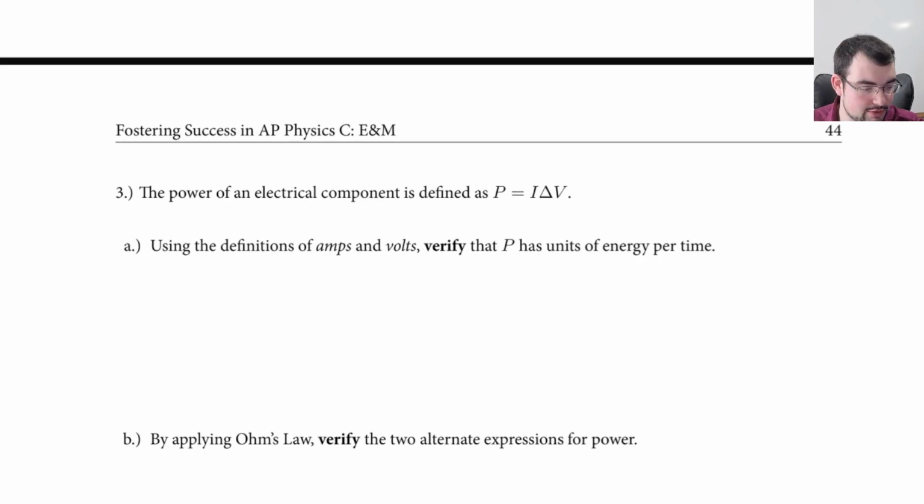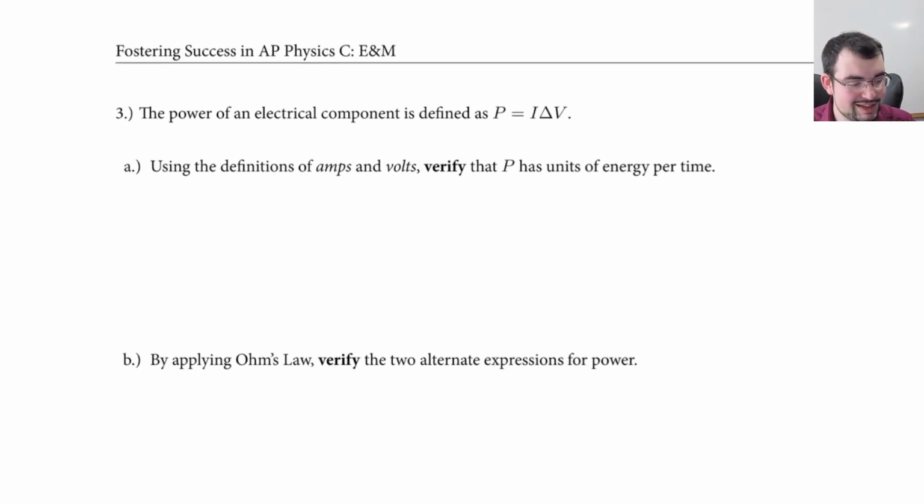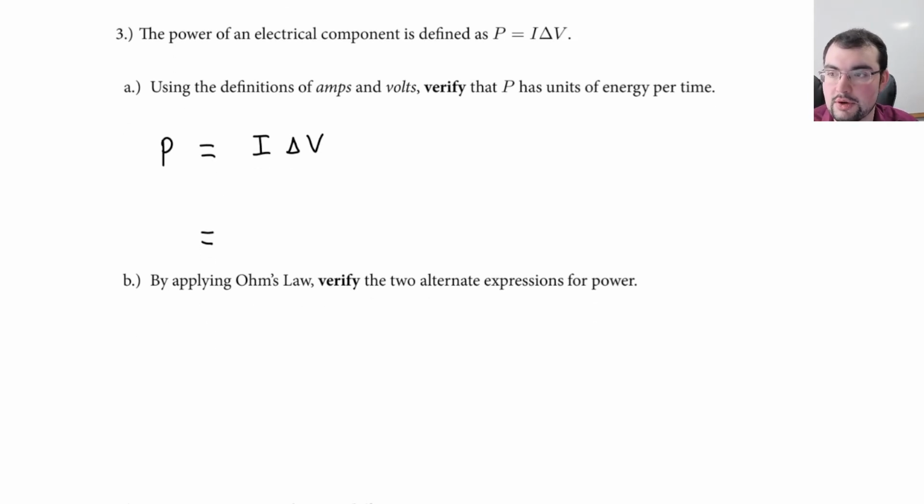So let's do some deriving here. Using the definition, we want to verify that this is a reasonable expression for power. So we're claiming that power is equal to I delta V. I is measured in amps. That's not helpful, because if I multiply these together, I get amps times volts, and I have no idea what that is.